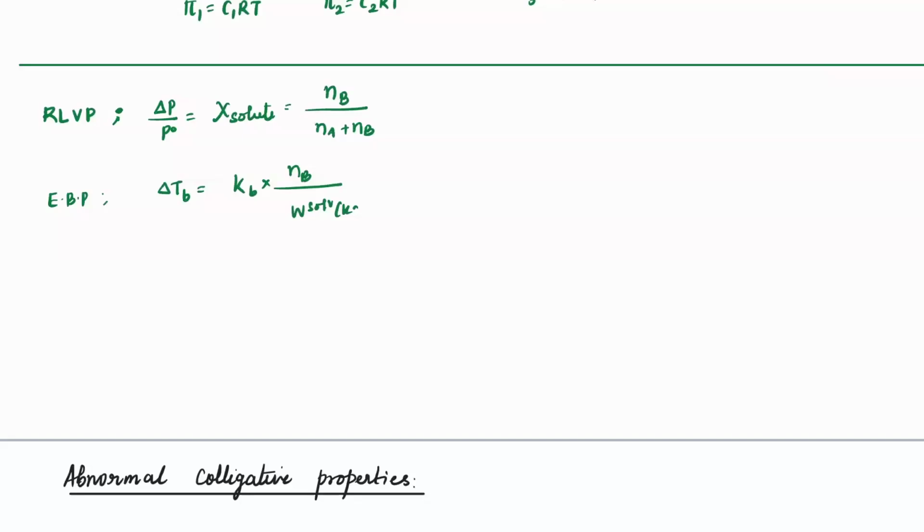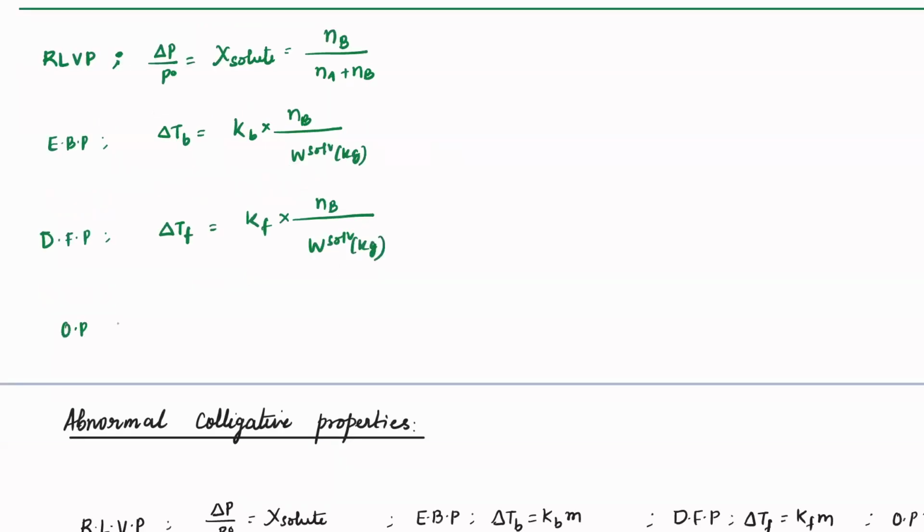Depression in freezing point, that is delta TF, is equal to KF into number of moles of B by weight of solvent in kgs. Lastly, osmotic pressure, pi, is equal to number of moles of B by V into RT.